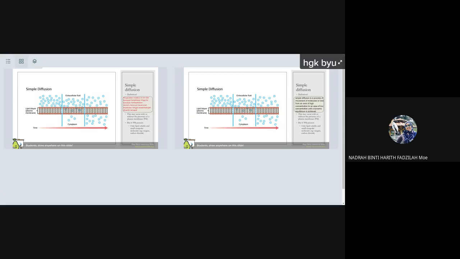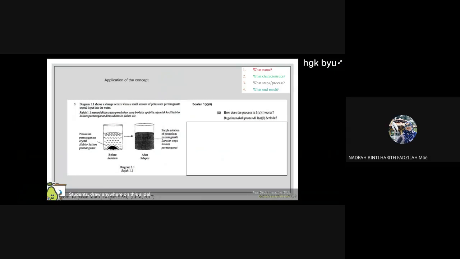Okey anak-anak, mari kita cuba satu sampel soalan ini. Based on the diagram, the diagram shows a change that occurs when a small amount of potassium permanganate crystal is put into water. Rajah menunjukkan satu perubahan yang berlaku apabila sejumlah kecil hablur kalium permanganat dimasukkan ke dalam air. Okey, bagaimanakah proses ini berlaku?